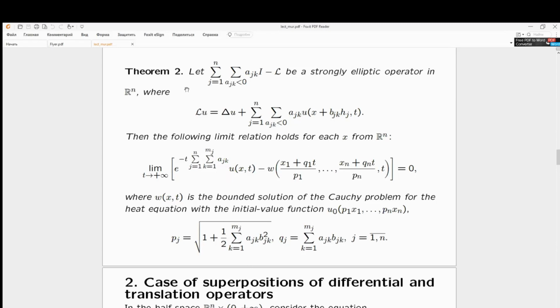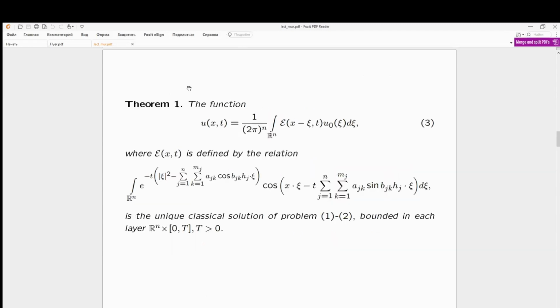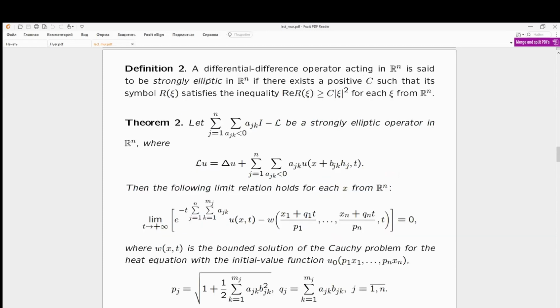So if theorem 1 is a unique solvability theorem and a theorem about integral representation of the solution, then theorem 2 is the theorem of the weighted asymptotic closeness of solutions. So we take an echelon function, which is very well known.